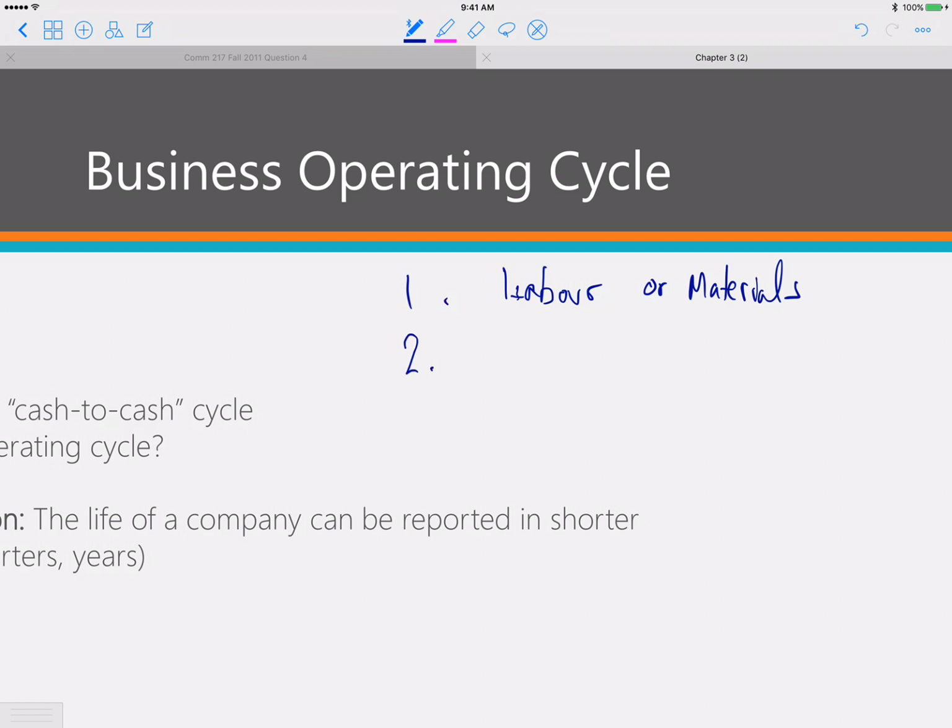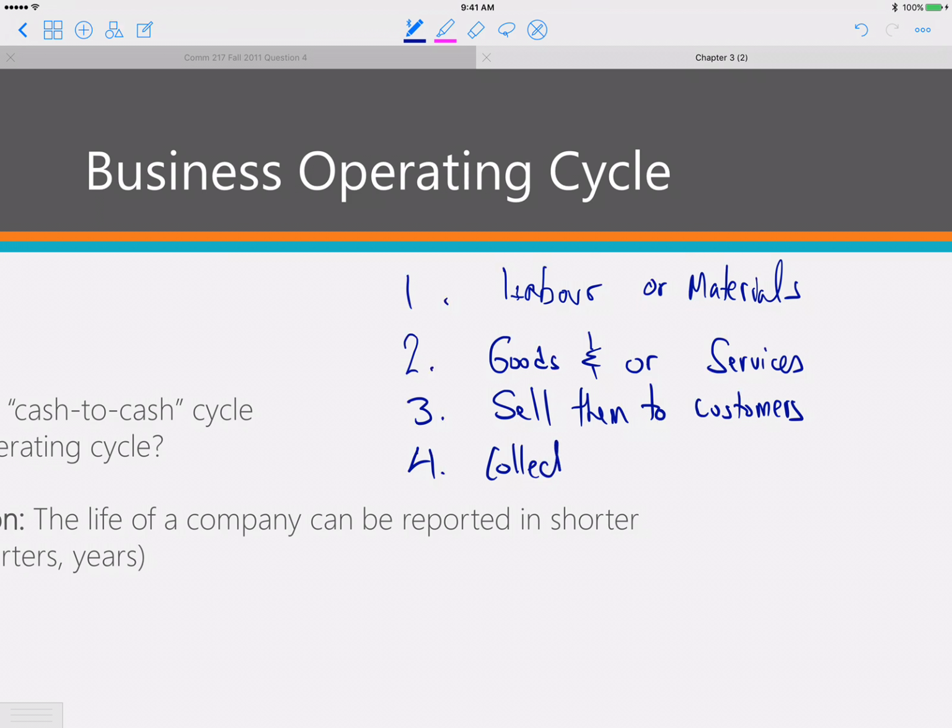The next step is the company would produce goods and or services. Then we would sell them to customers. And finally, we would collect cash. So if you look from the beginning of the cycle, we start off with cash. And through this whole process, we end up collecting cash and we repeat.